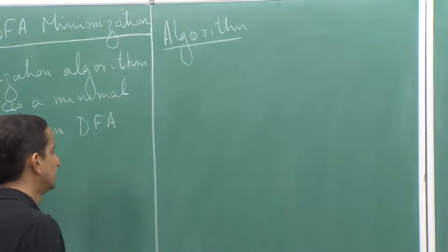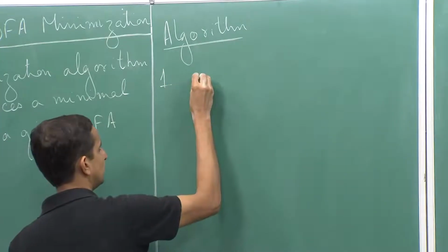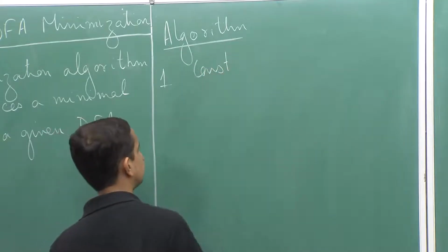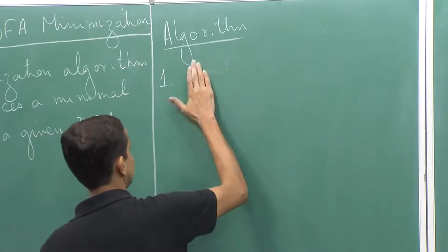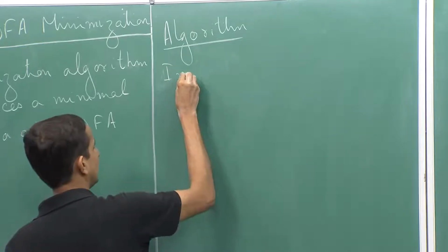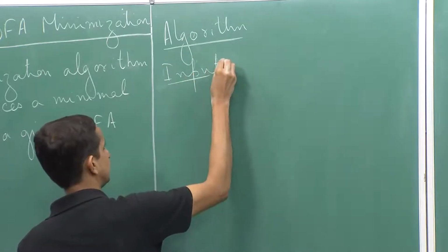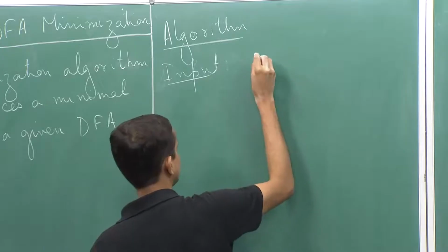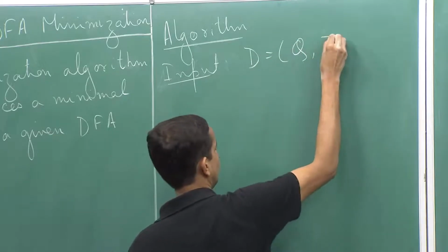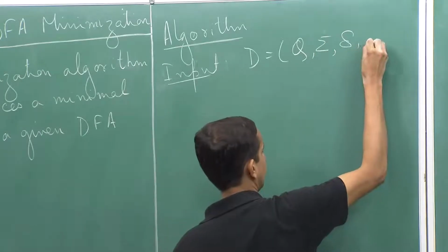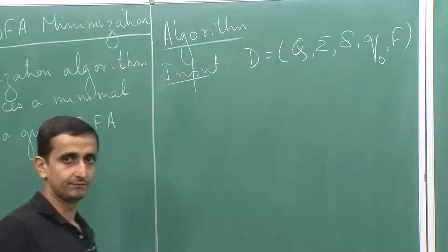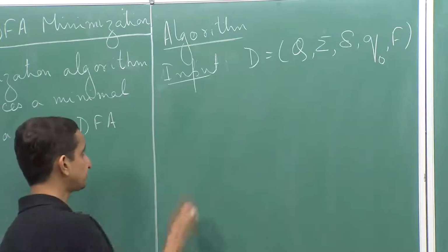So, let us look at the algorithm. First, let us say that your input is a DFA D equal to Q, sigma, delta, q naught, and F. This is the input that is given to you.